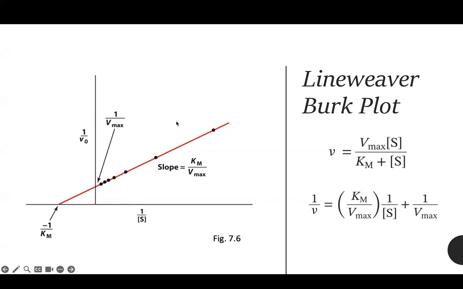The slope would be Km over Vmax, and x is 1 over the substrate concentration, and then our b would be 1 over Vmax, which is the point where the graph cuts the y-axis. So all of this tells us that we can derive the maximum velocity as well as the Michaelis-Menten constant from a graph like this.